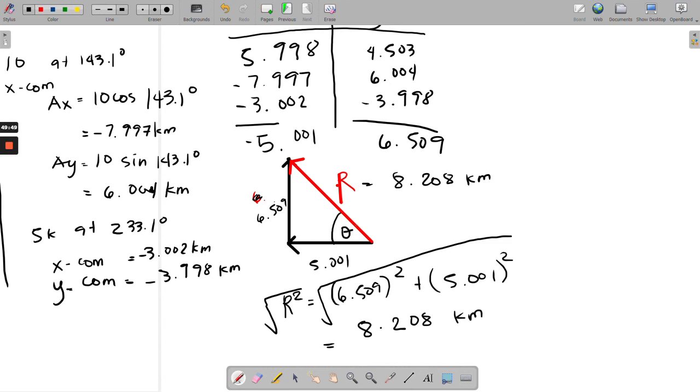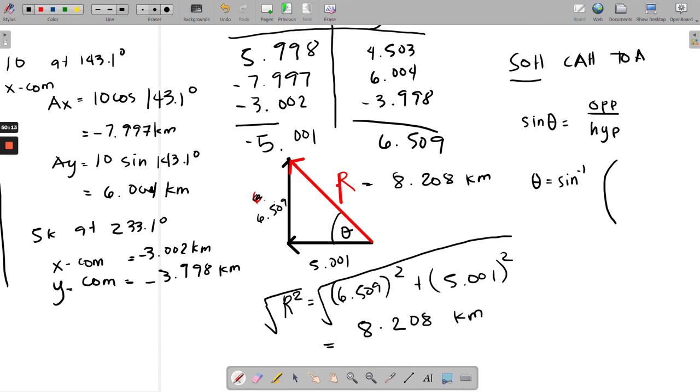And lastly, you have to find the direction. You just have to find this angle right here. Again, you can use SOHCAHTOA. It's up to you which one you want to use because you have all the sides anyway. So let's use sine theta is equal to opposite over hypotenuse. So the angle is equal to arc sine of the opposite, 6.509, over the hypotenuse, which is basically your resultant, 8.208.